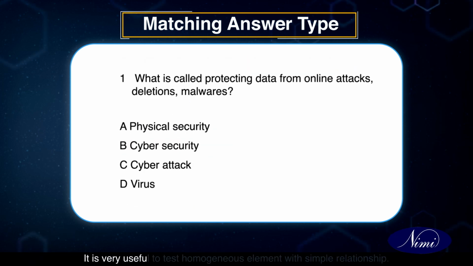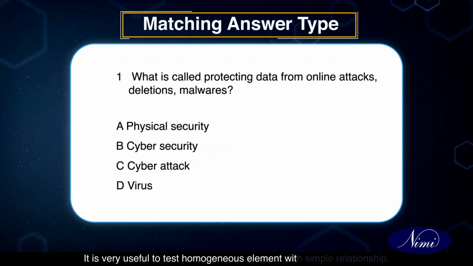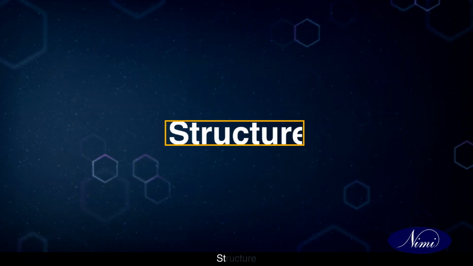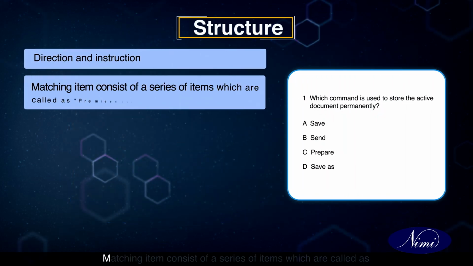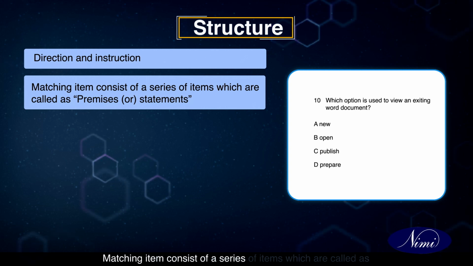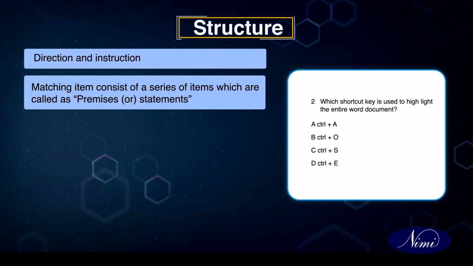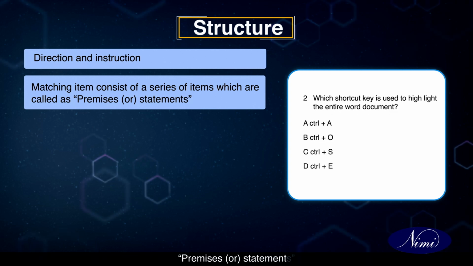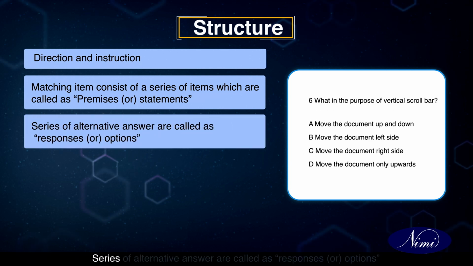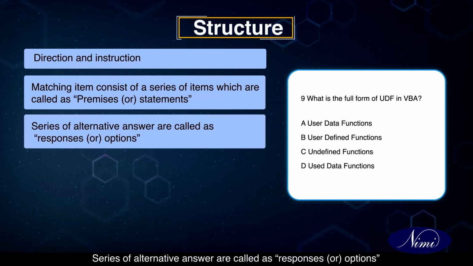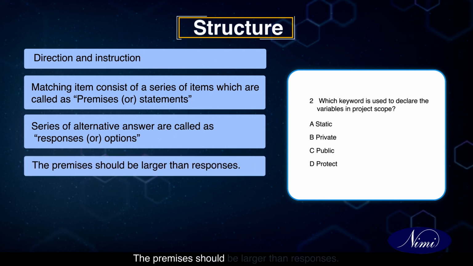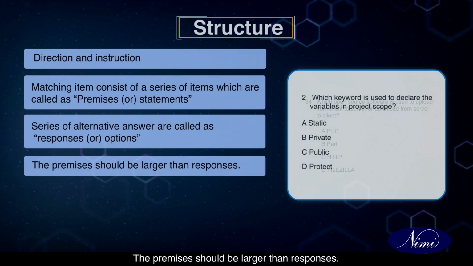It is very useful to test homogeneous elements with simple relationships. Structure, direction and instruction. A matching item consists of a series of items which are called premises or statements. A series of alternative answers are called responses or options. The premises should be larger than responses.